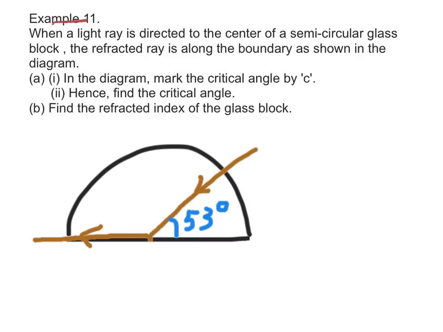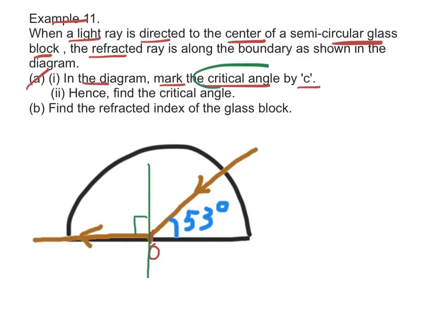Example 11. When a light wave is directed to the center of a semicircular glass block, O, the reflected light is along the boundary as shown in the diagram. Part A. In the diagram, can you mark the critical angle by C? By drawing the normal, the critical angle C can be marked.